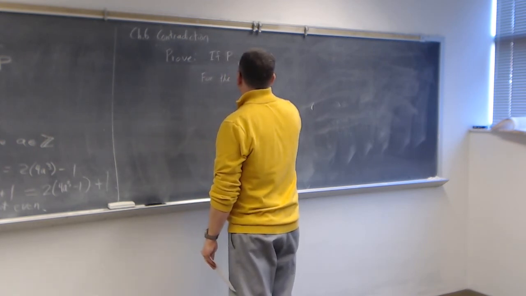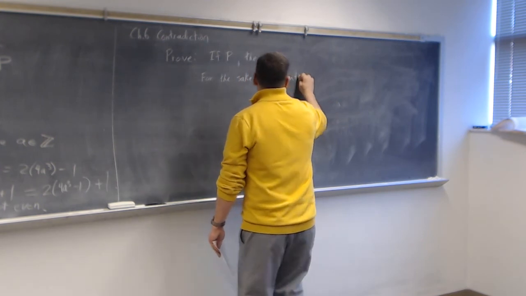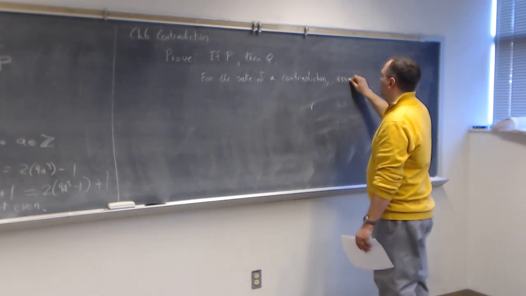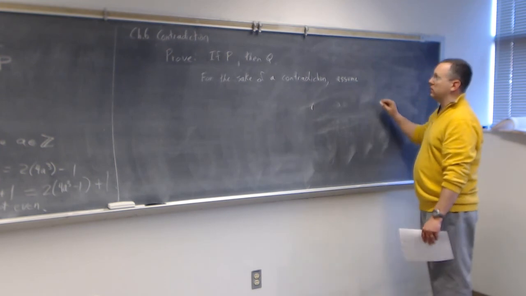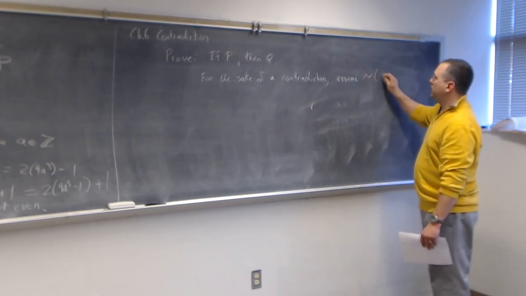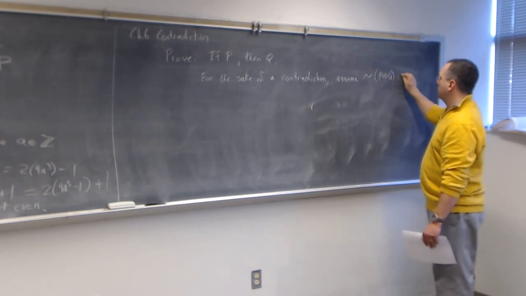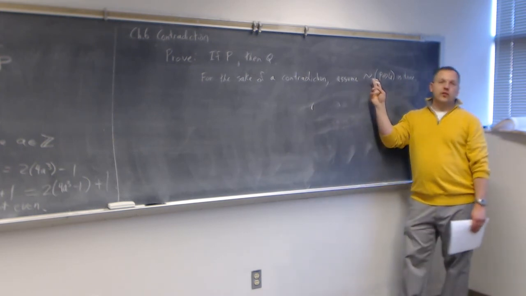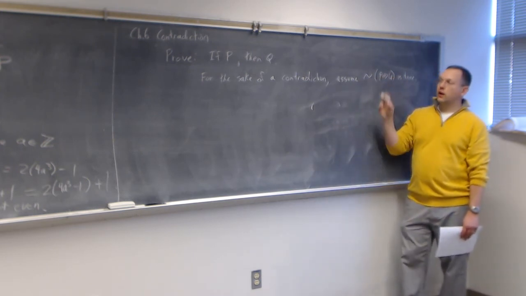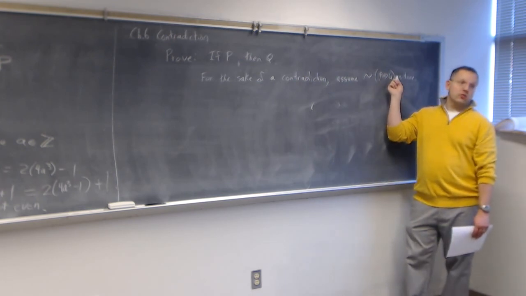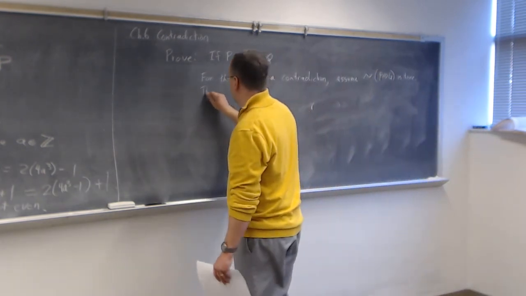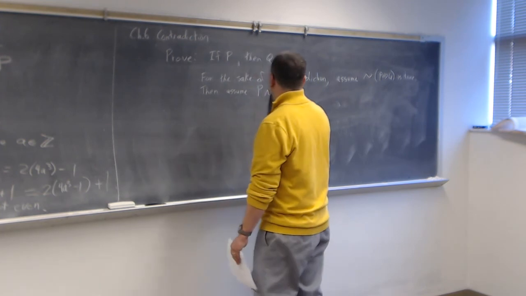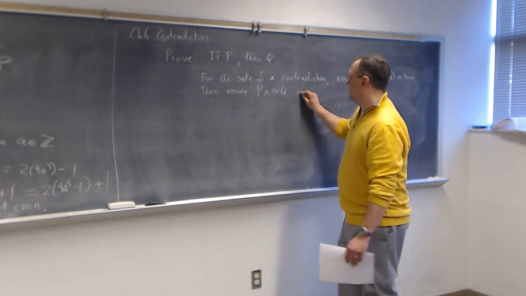You assume the negation of P implies Q is true. But we know that the negation of P implies Q looks like P and not Q. Then assume P and not Q is true.